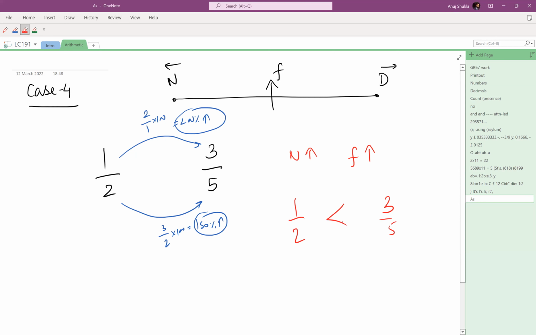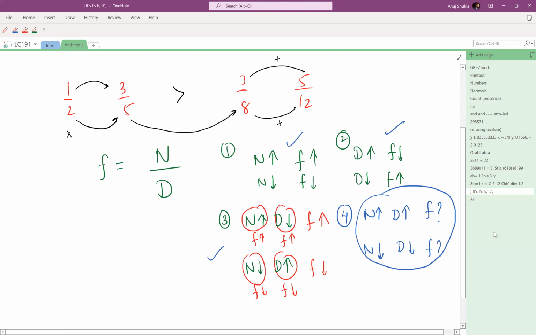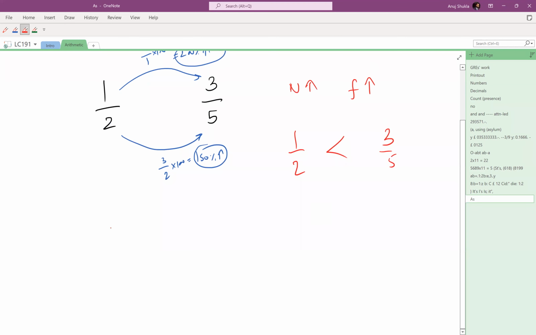Clear? Let's see the next one. Next one is 3/8 and 5/12. What is the increment? It is +2 divided by 3 into 100. How much increment? 2 over 3.